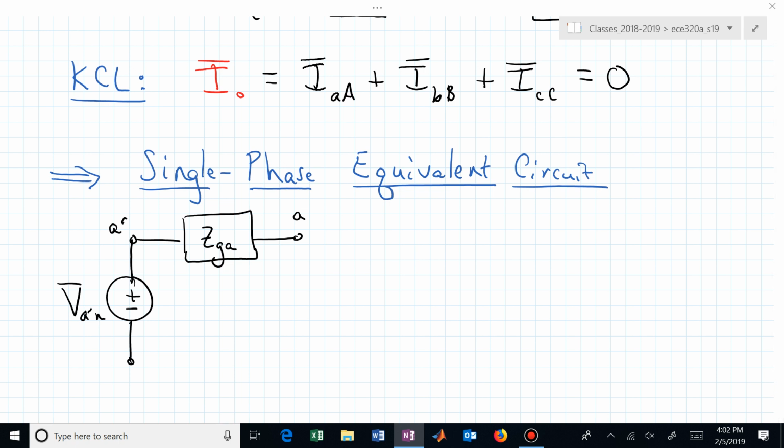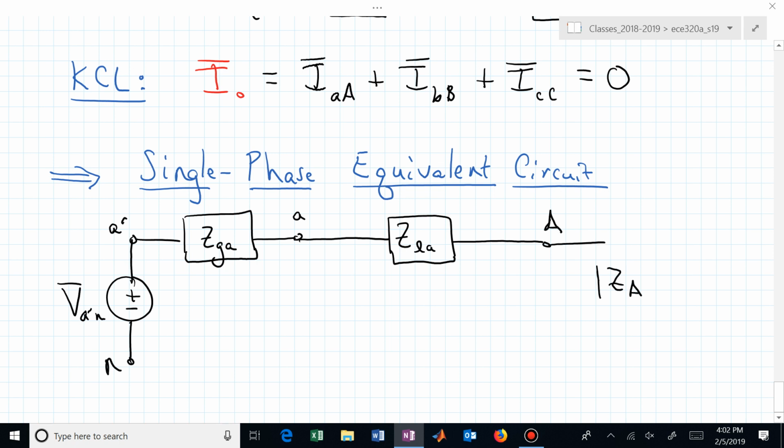A prime may not be accessible to us. Here is little n. We have our transmission line impedance, and then we have our load impedance.